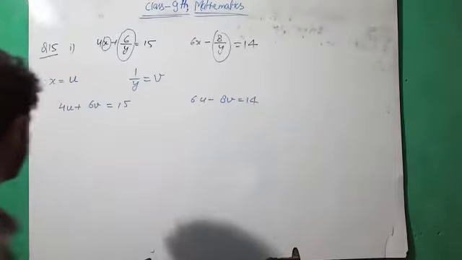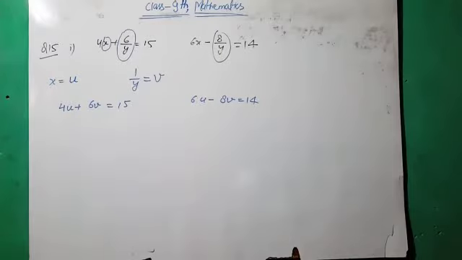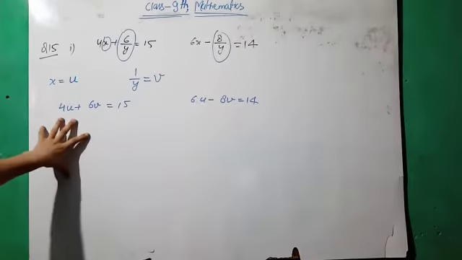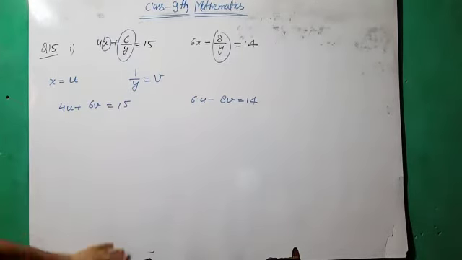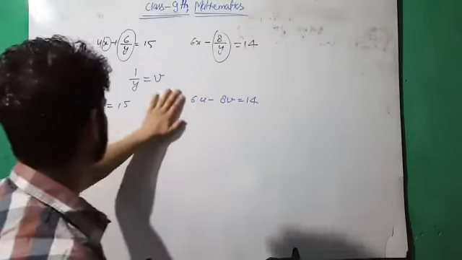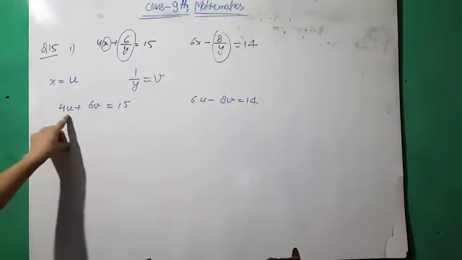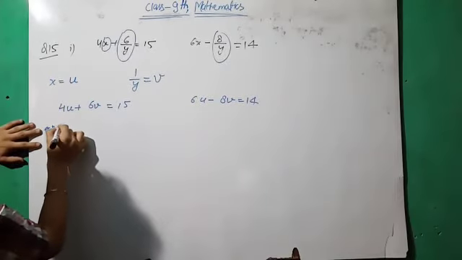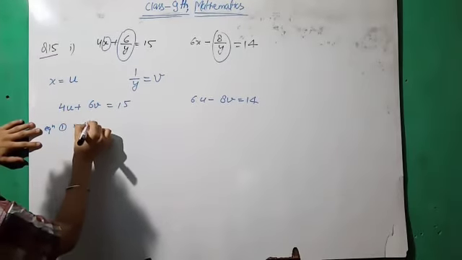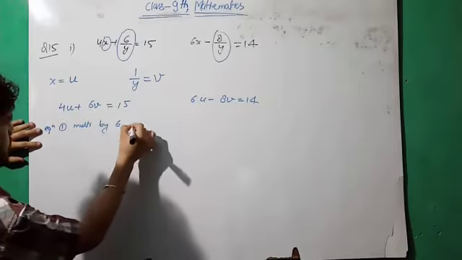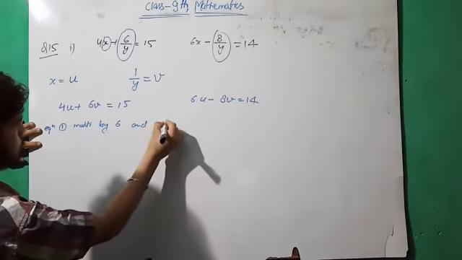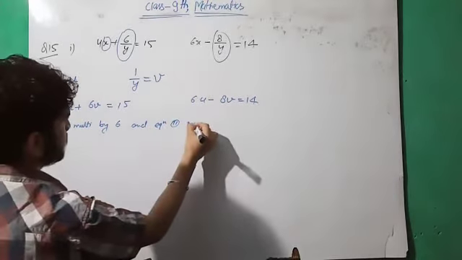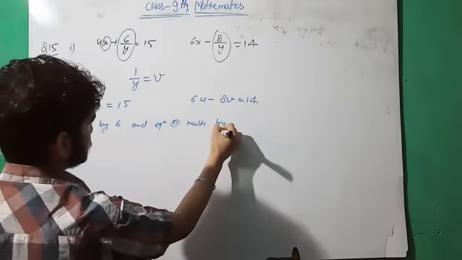Now both of the equations are very simple. In this type of equation you have to follow the elimination method, because it is very simple to do. Equation 1 multiply by 6, and equation 2 multiply by 4.